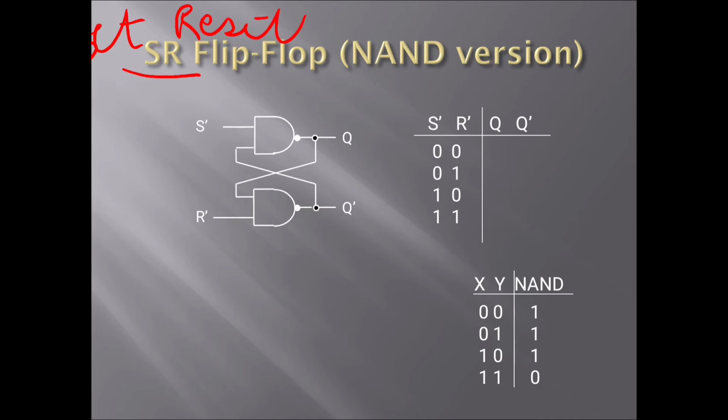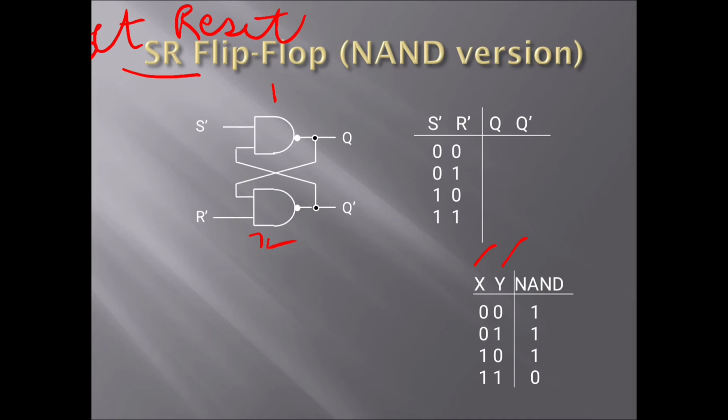Now, the set reset flip-flop is implemented by two NAND gates, first NAND gate and second NAND gate. Now, what is the truth table of a NAND gate? When we give two inputs, X and Y, in a simple NAND gate, what is the output?